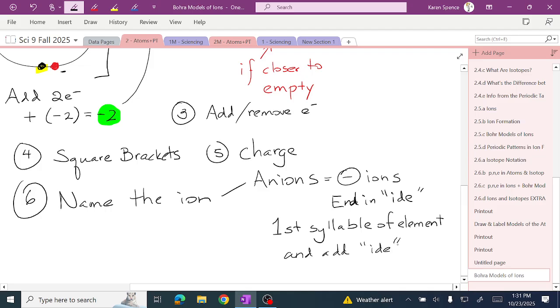So basically, when you're reading the name, you should be able to go oxide and have 2 syllables, not oxygenide. Okay? So like hydrogen would become hydride. Nitrogen, nitride. Not nitrogide. Yes?